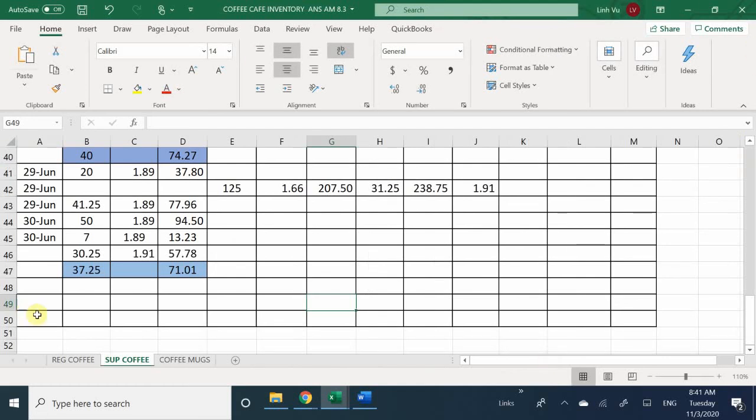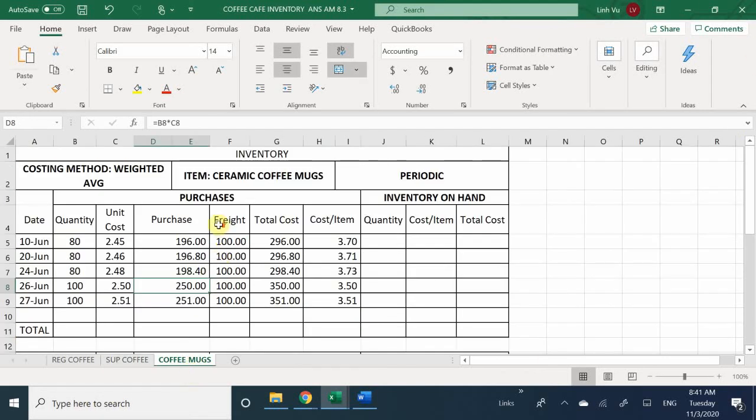Okay, so let's start on the coffee mugs. We're familiar with periodic inventory, right? So what costing method am I utilizing? Average. Average, yeah, weighted average.